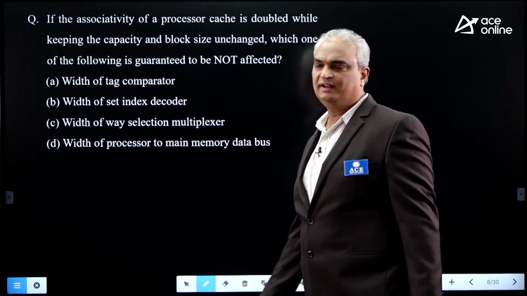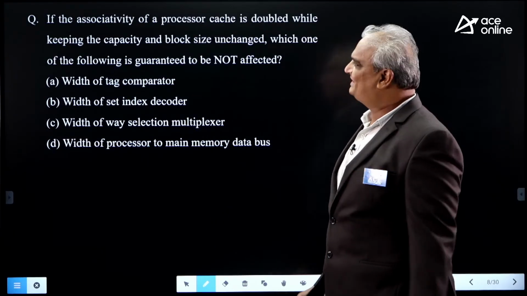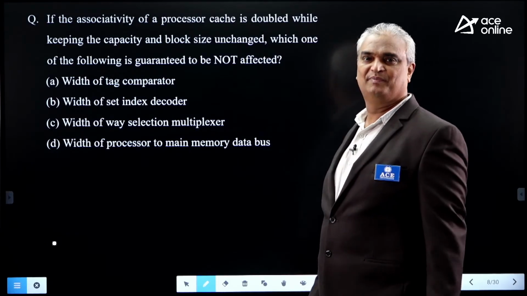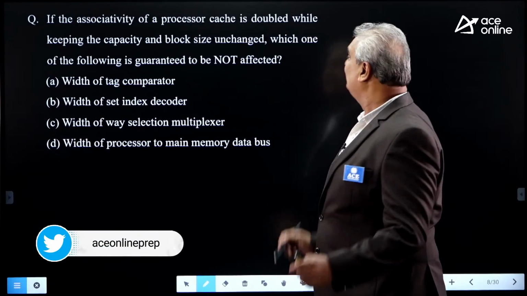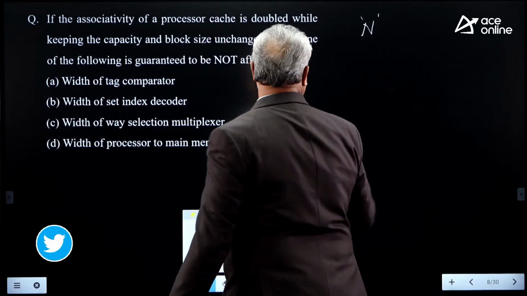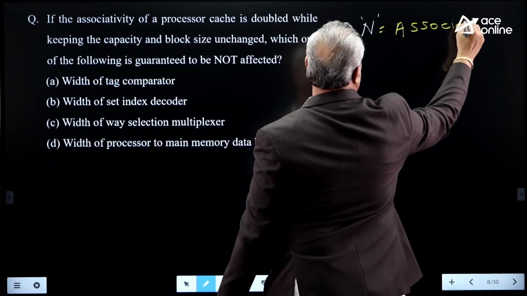Now look here. Next question, very, very important and energetic question. If the associativity of a processor cache is doubled, generally N represents associativity. What is associativity? The number of blocks in a set.